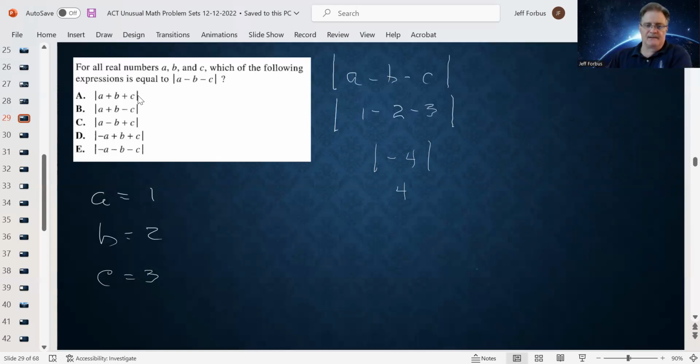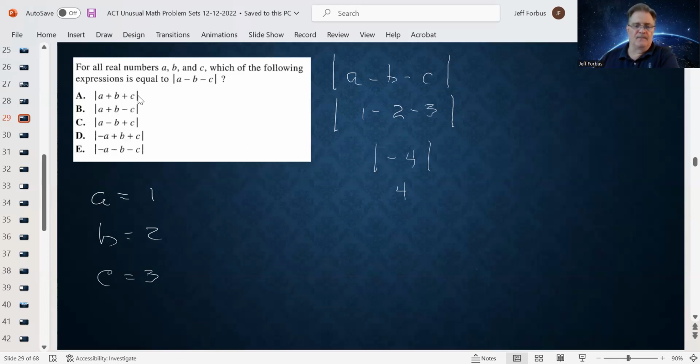So we need to evaluate the answer choices with the same numbers and find the answer choice that comes up with 4. I'm not going to do every one of these for you because I'm trying to save you time, but you can do this on your own.